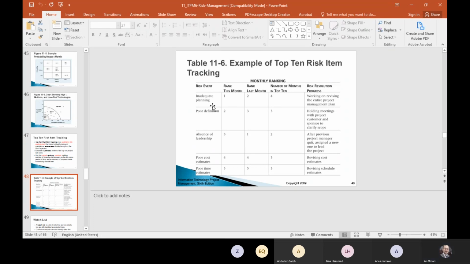Let's say inadequate planning risk: how many times this risk happened is one time this month, last month two times, the number of months in the top 10 is 4, and the progress is working on revising the entire project management plan. And this is an example of a top 10 risk tracking document.